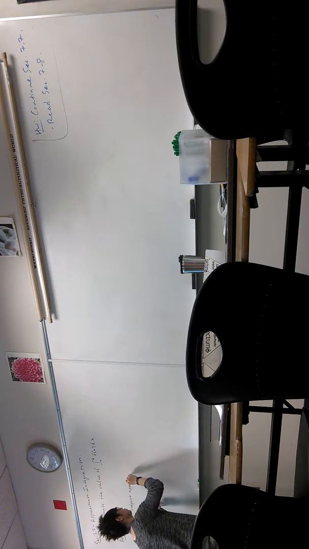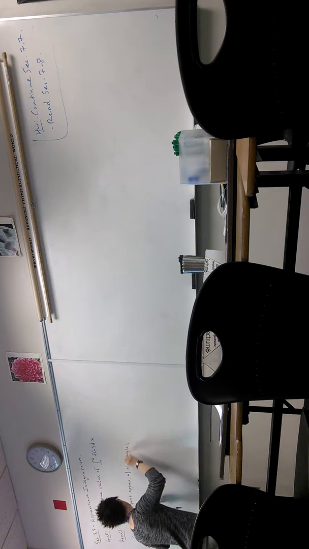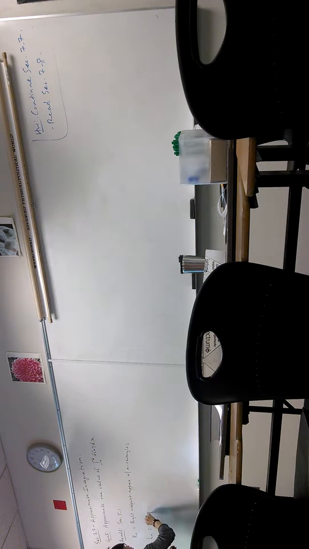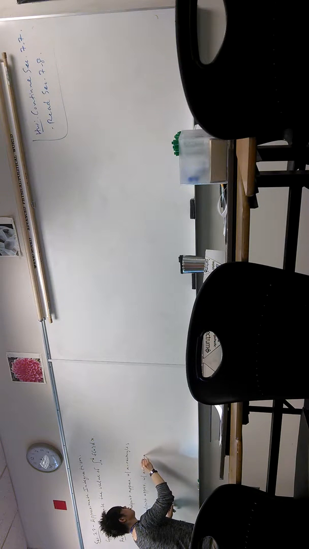So the n stands for the number of rectangles you have. And then this is the left endpoint approximation with n rectangles.